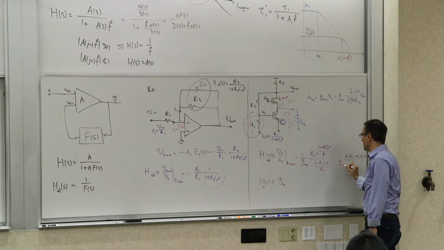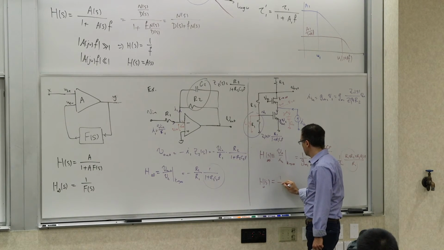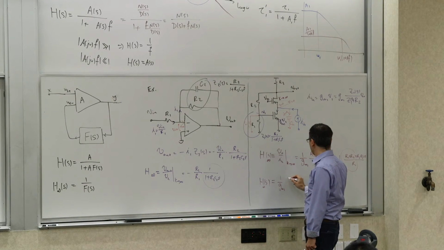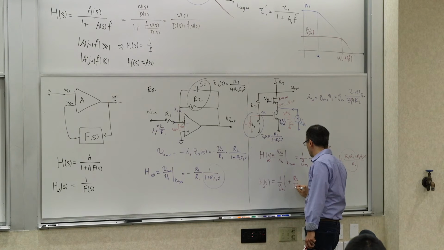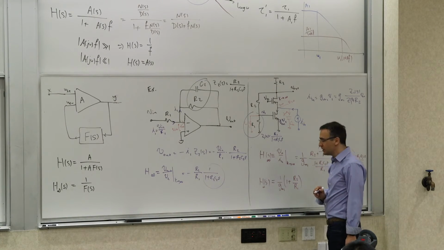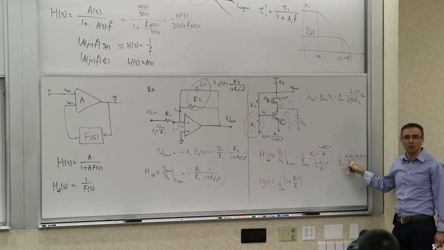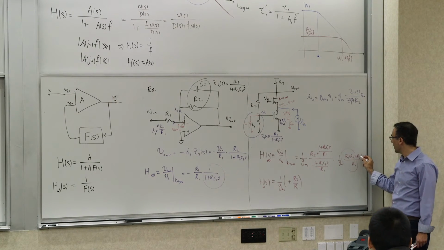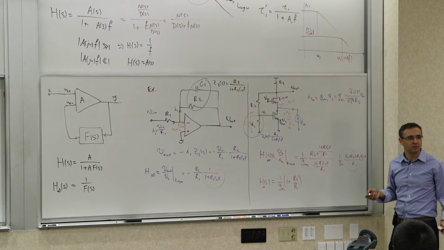So 1 over GM, and if I factor this now, I get 1 over GM, 1 plus R2 over R1, which is what we had before. Then what is left, if I factor R1 plus R2 out of the numerator, I will get R1 R2 over R1 plus R2, which is the parallel combination.